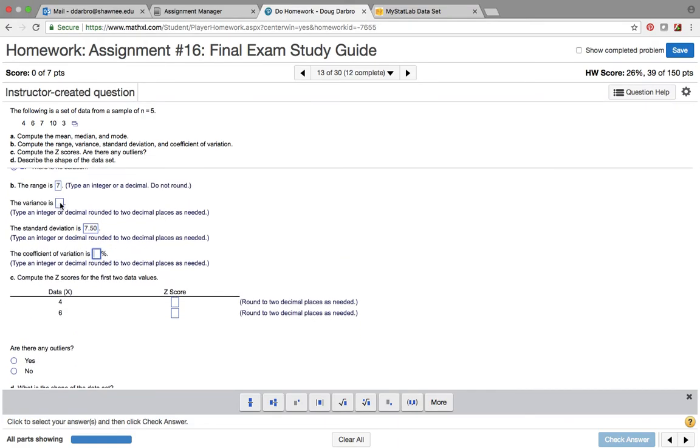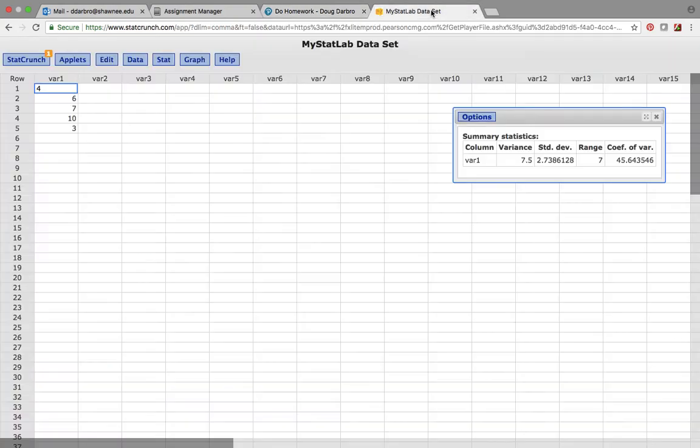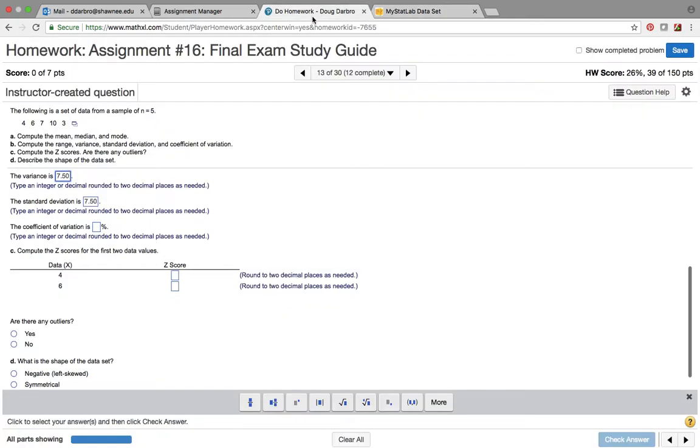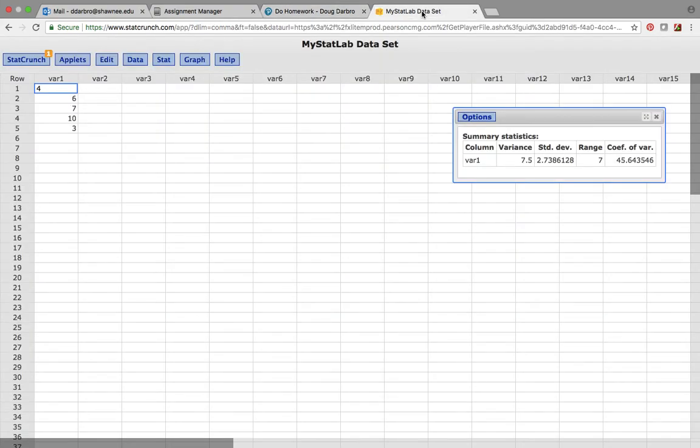Wait a minute, the variance, I got that in the wrong place. It's kind of confusing. 7.50. The standard deviation is 2.74. And the coefficient of variation is 46%.